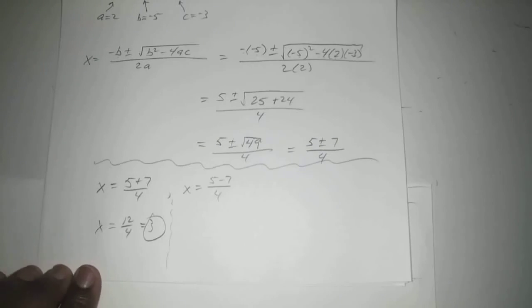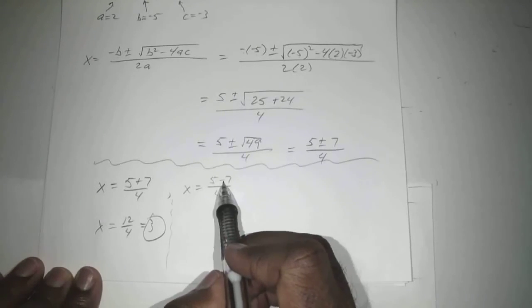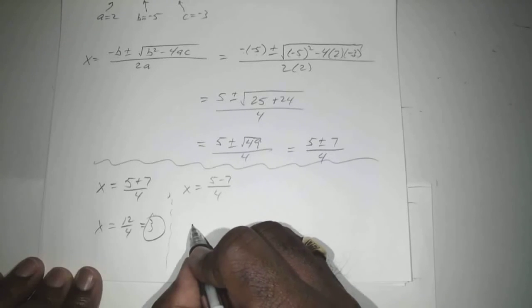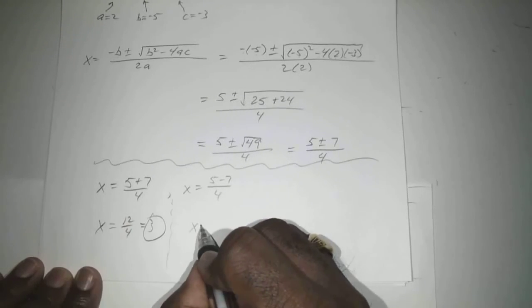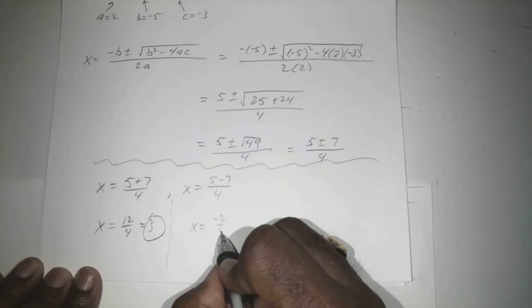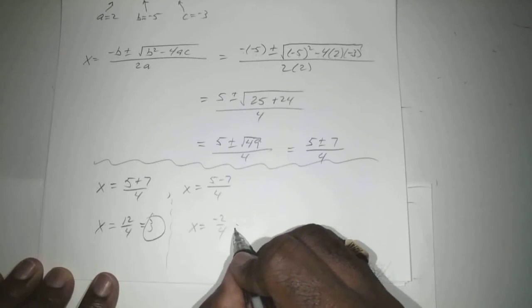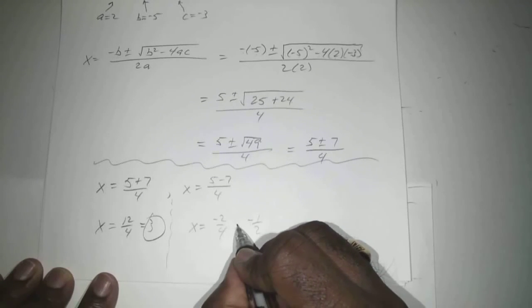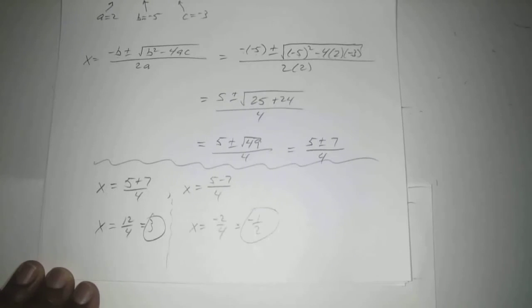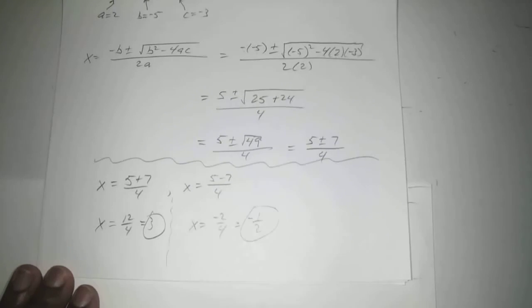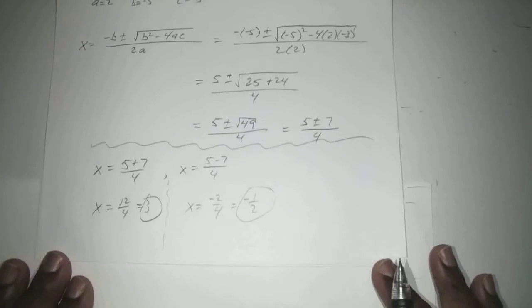And you have 5 minus 7 over 4, so x can equal negative 2 over 4, which is negative 1/2. So in this case, x can equal 3 or negative 1/2.